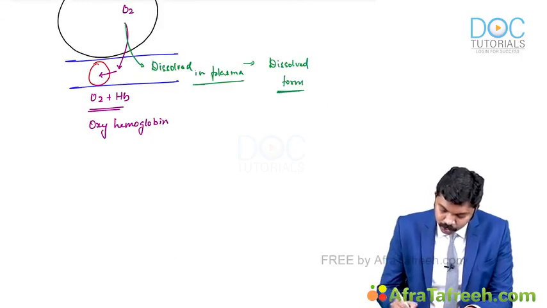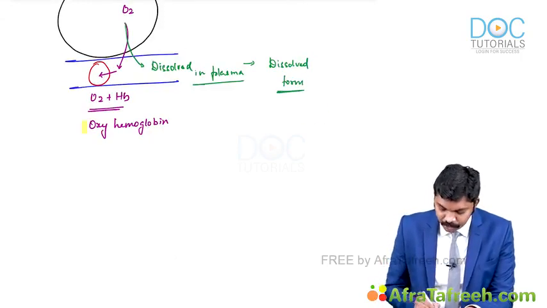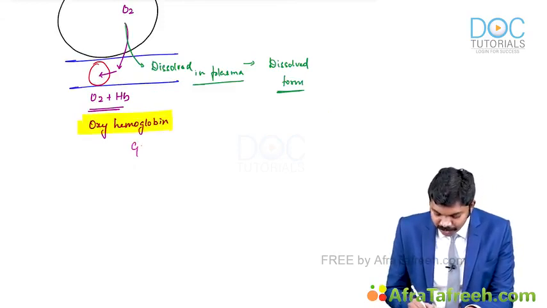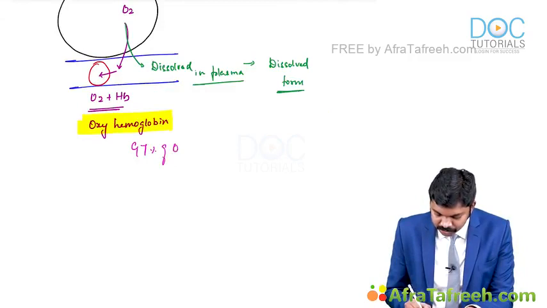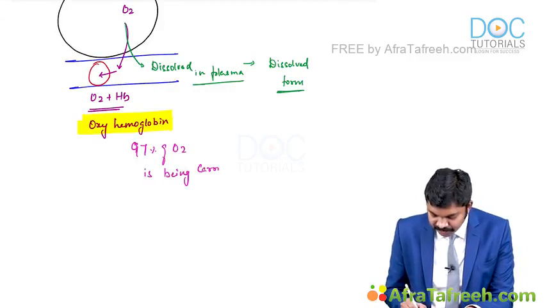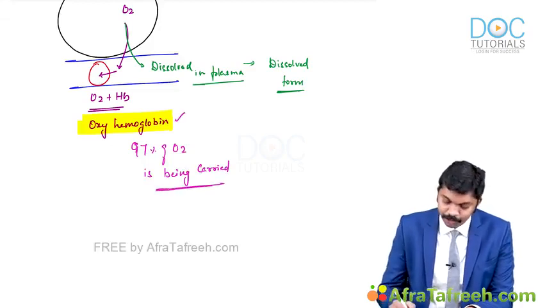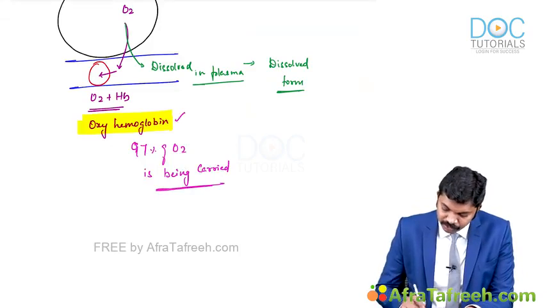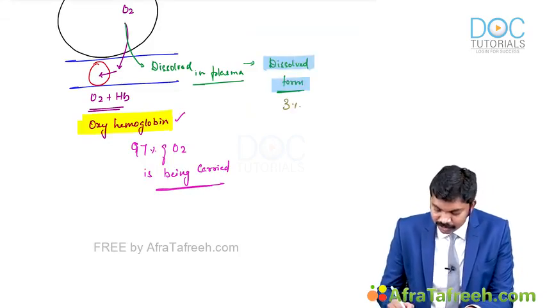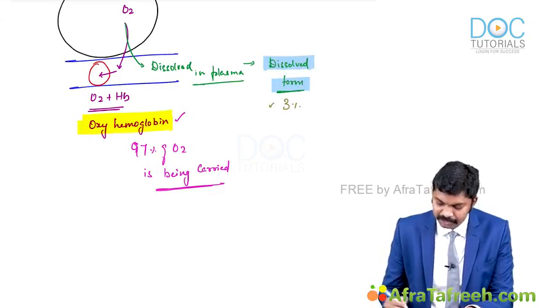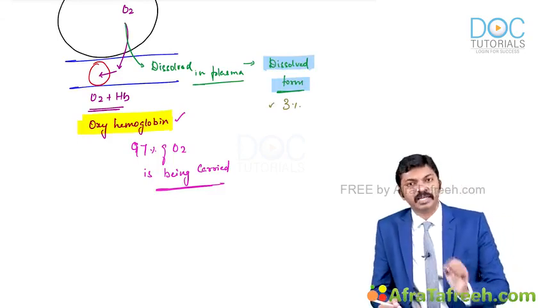Now, 2 points you have to be familiar with in this concept. The oxyhemoglobin form is the way in which 97% of oxygen is carried. 97% of oxygen in blood is carried in the form of oxyhemoglobin. When it comes to the dissolved form, only 3% of oxygen is transported as dissolved form.